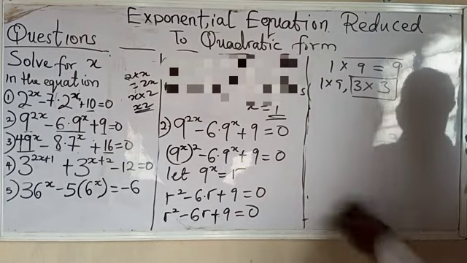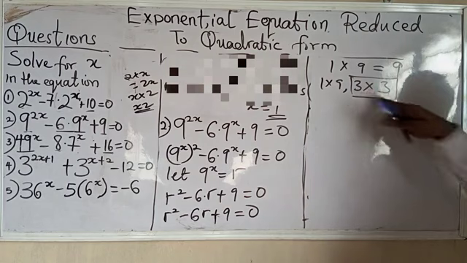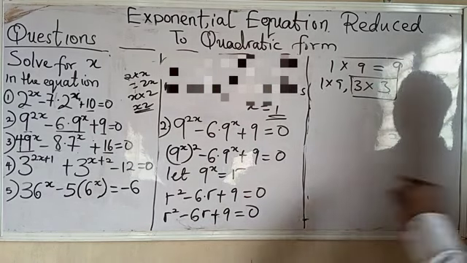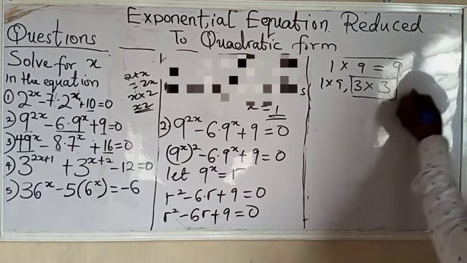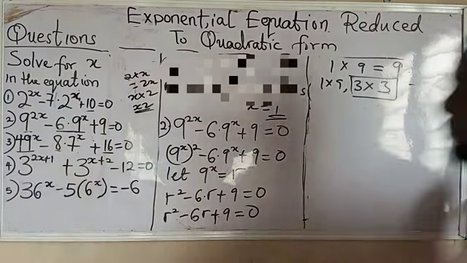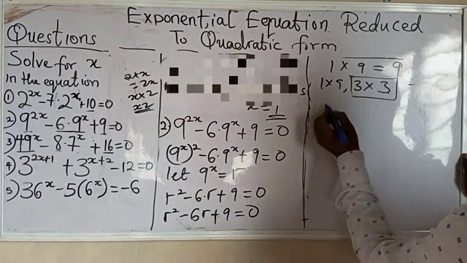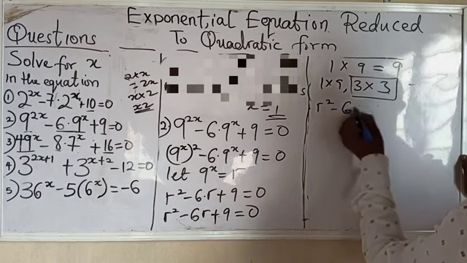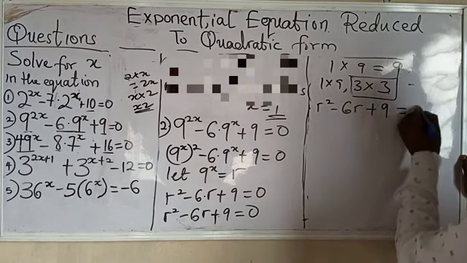So now we've known that 3 and 3 are the two possible numbers that give us 6. The only thing we are going to put is the sign, and the sign is going to be negative and negative. So I will write this down again. We're going to write r squared minus 6r plus 9 equals 0.